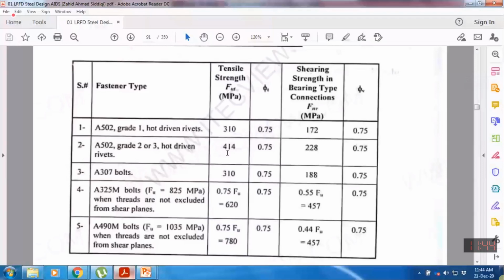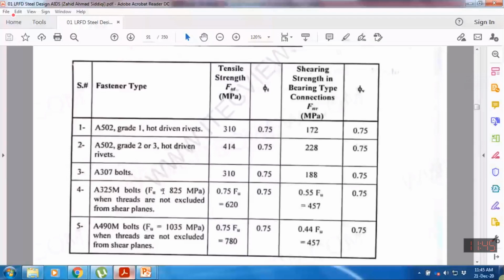Therefore, to consider the failure at the threads, the ultimate strength is considered as 75% of the ultimate value. So FU is 620 megapascal, which is 0.75 of 825 megapascal due to the threads. If no threads are present and this is a rivet, then the FU value may be considered 825.